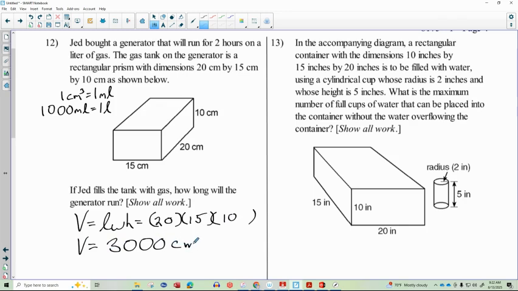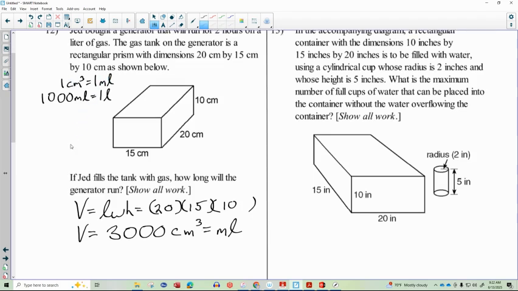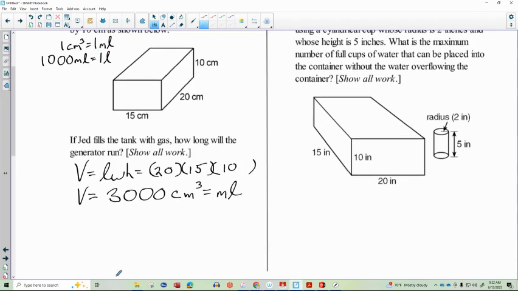3,000 cubic centimeters, which is the same thing as 3,000 milliliters because it's a 1-to-1 conversion. Which means in order to convert this into liters, all we've got to do is divide by 1,000, so our volume in liters is nothing more than 3 liters.